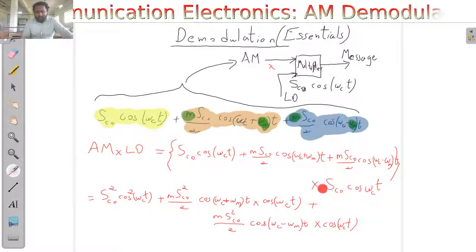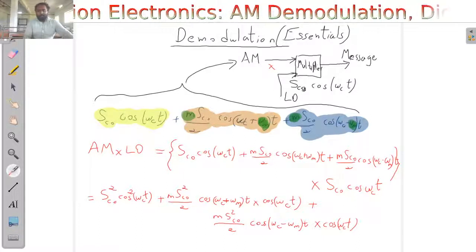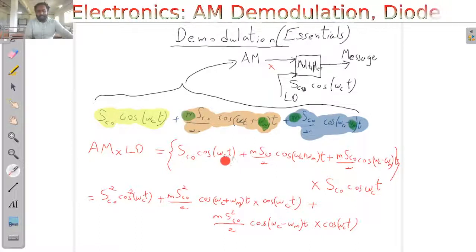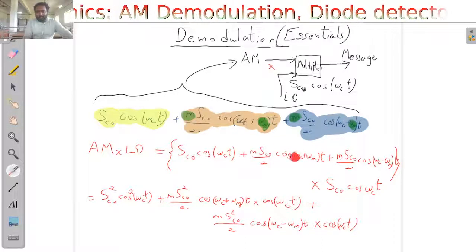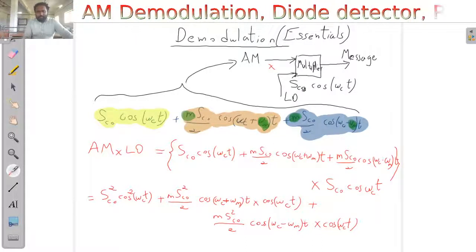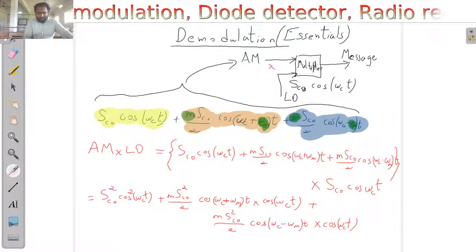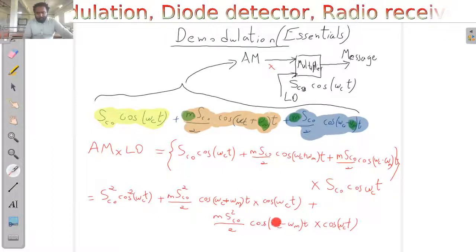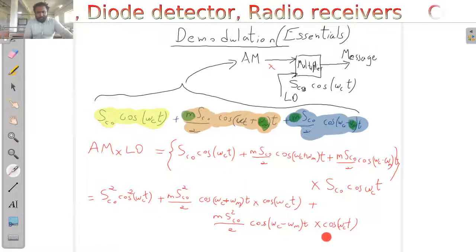This one is our locally generated signal. And when you multiply, you will have 3 terms. The first term with the carrier signal inside it, the second term with the upper sideband, and the third term with the lower sideband. I have opened the brackets, and you can see the carrier term, the sum term, and the difference term. I will be addressing each of these 3 terms individually.